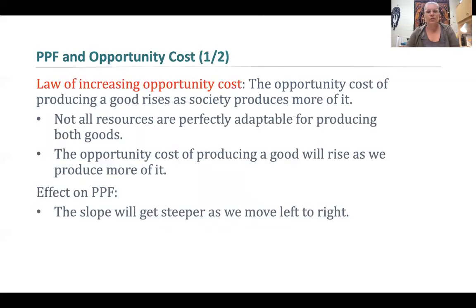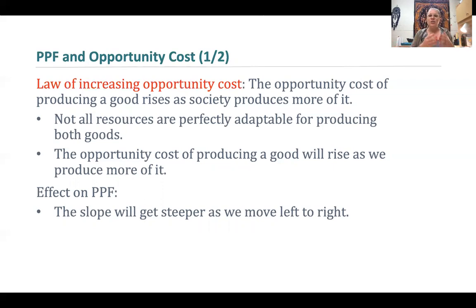The law of increasing opportunity costs tells us that the opportunity cost of producing a good rises as society produces more and more of it. This is because not all resources are perfectly adaptable for the production of each of the two things.